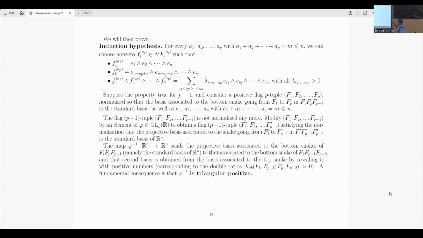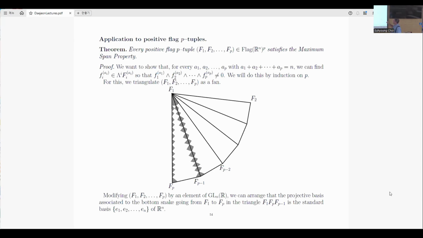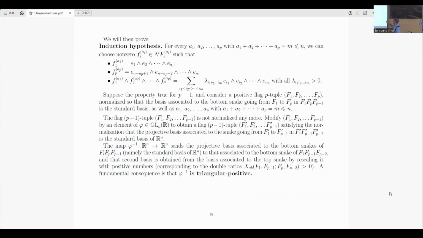And so what we will prove is that once it's normalized like this, I want to show that the wedge product is non-zero. I'm going to prove by induction something that is stronger: instead of taking dimensions whose sum is exactly n, I'm only going to require that it's at most n.